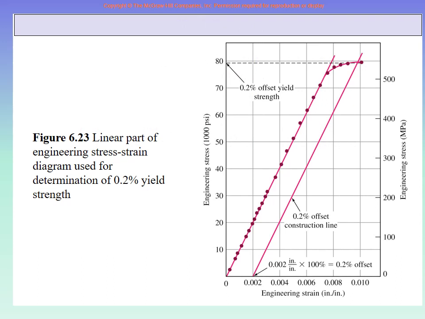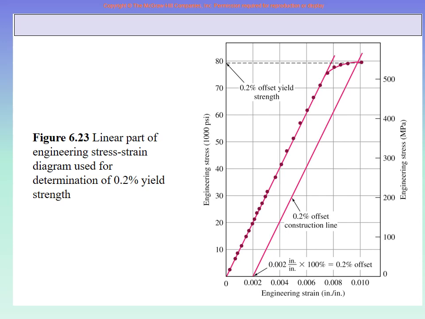And here was the graph, that if there is a definite point at which the straight line ends and the curve starts, then that point is already the yield point. But if it is very smoothly merging into the nonlinear part, and you cannot decide where exactly is the straight line ending, then on the strain line you mark 0.002 or 0.2%, right? 0.2% is 0.002, same point.